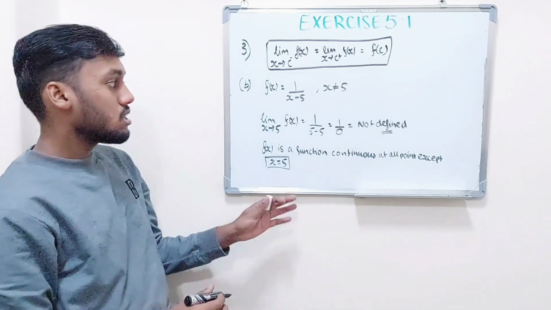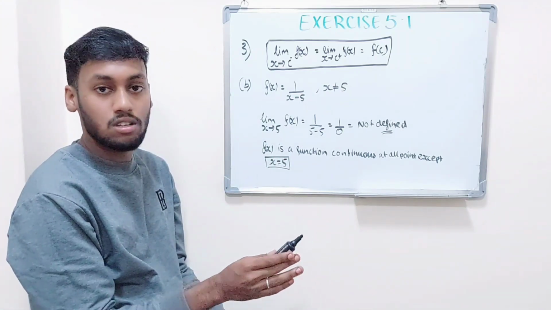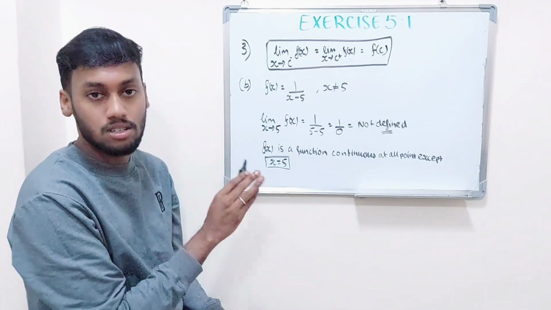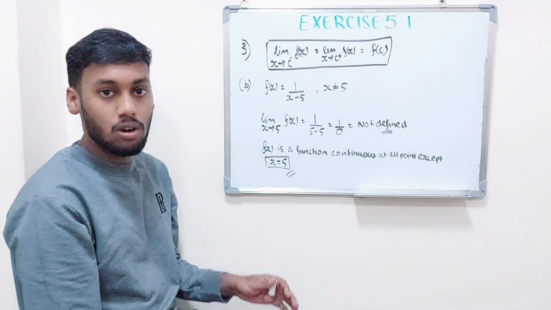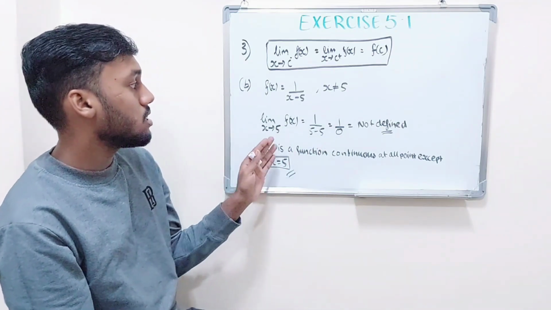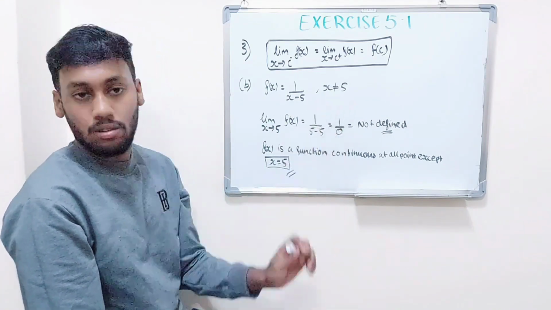So we can say that f of x is continuous at every point, but at one point it is discontinuous. Which is that point? x equal to 5. That's what we have to show. Thus we can say that f of x is continuous at all points other than 5.